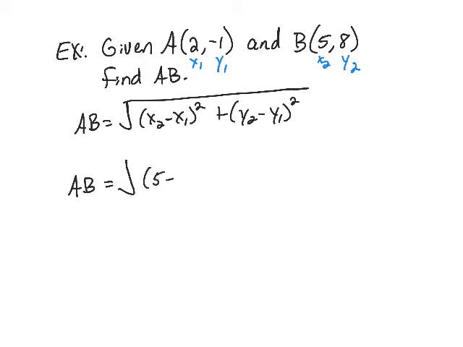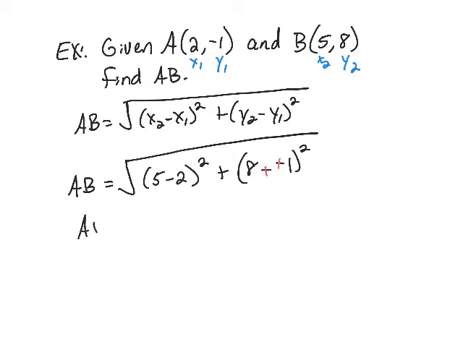So 5 minus 2 squared, 8 minus a negative 1 squared. You have to be careful subtracting negatives, as always. Remember, add the opposite. Okay, so we have AB is equal to, I'm going to show every little step here for the first one, and that's 9 squared.